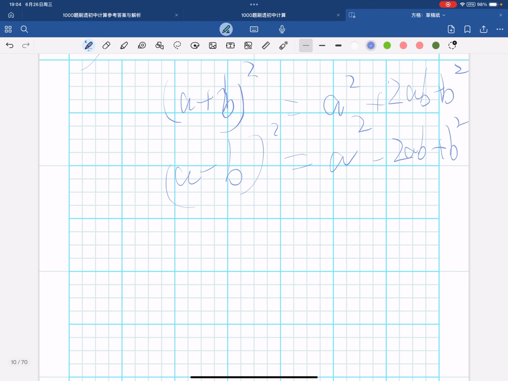For instance, for doing this question, do you know how to really calculate it?